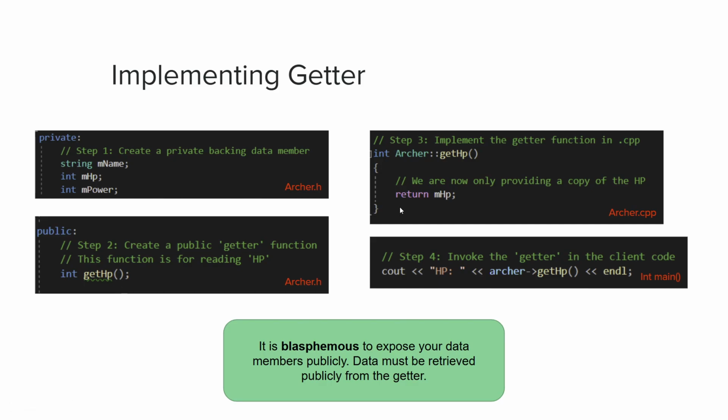You see here, it's just getHP and then return MHP. Right now it seems easy. But what if you want to limit the MHP, or show another kind of thing, maybe a percentage? Then you have to change things.